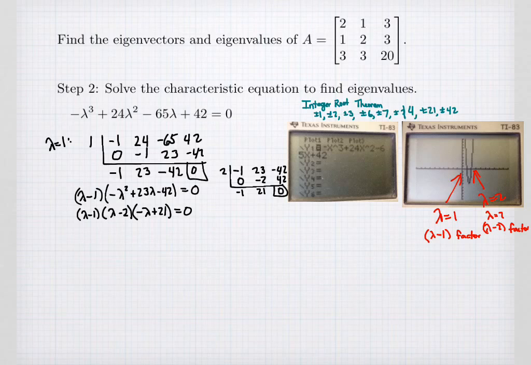So the factorization, by peeling off these two roots, lambda equals 1 and lambda equals 2, factoring them out, we find in fact our third root. So we have lambda equals 1, lambda equals 2, and lambda equals 21. These are my eigenvalues.